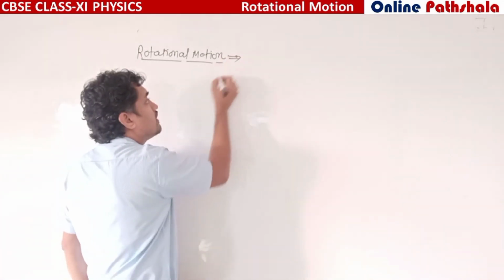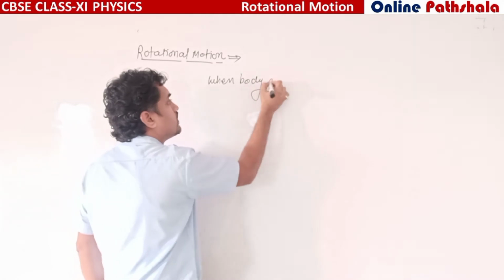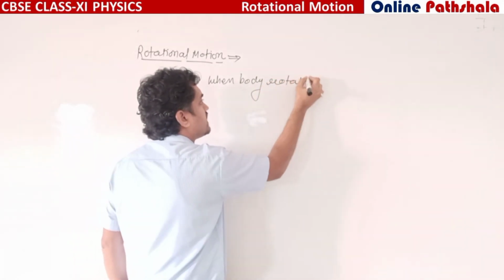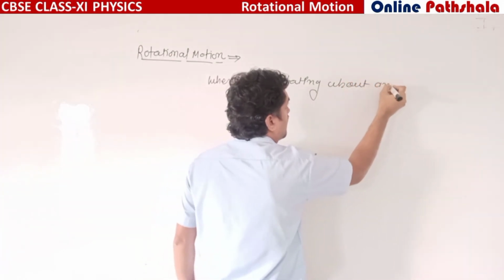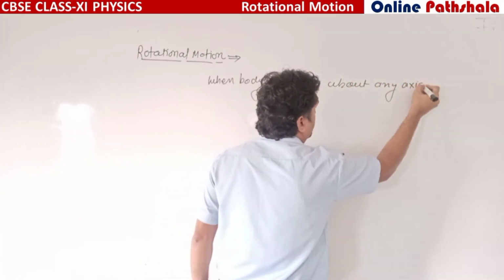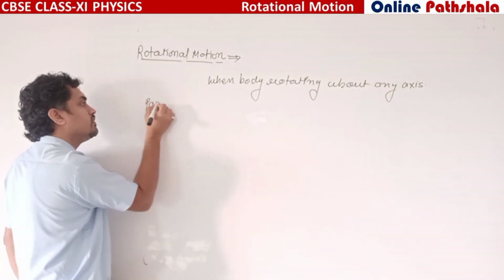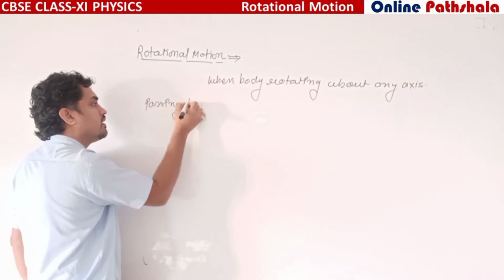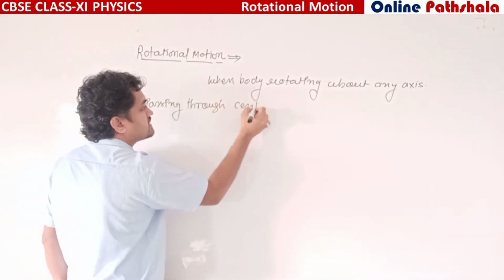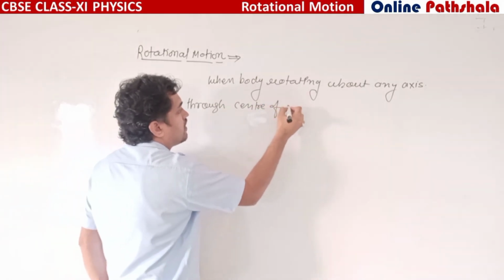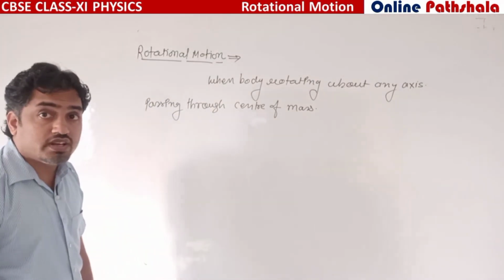When a body is rotating about any axis passing through the center of mass, it is called rotational motion.